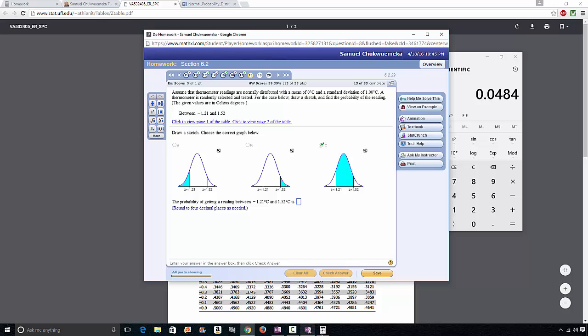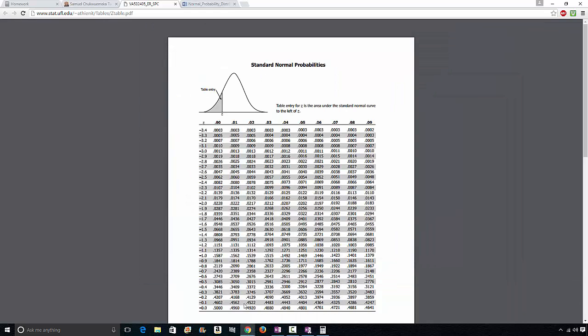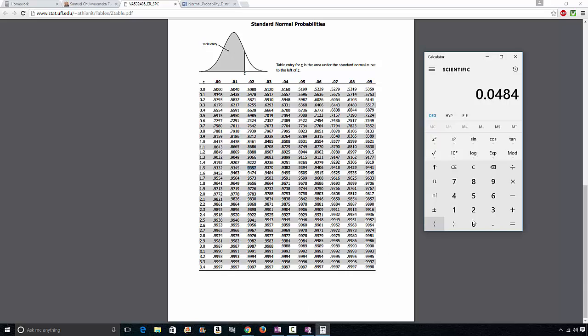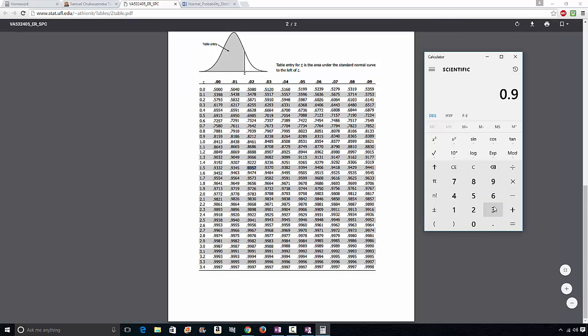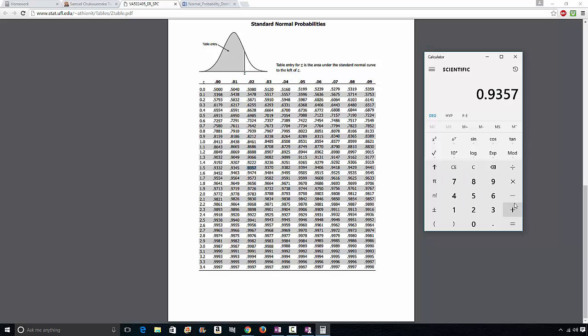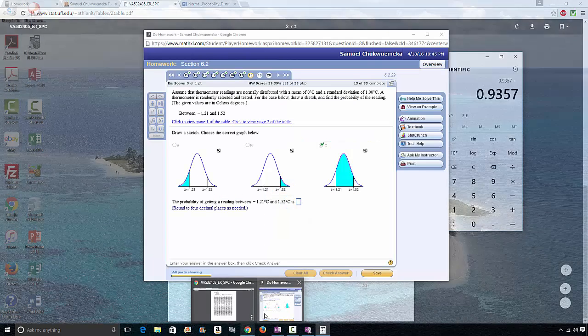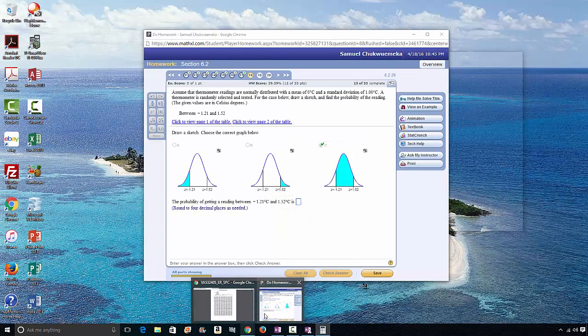So 1.52 is 1.5 under 0.02, and that is 0.9357. 0.9357, okay, minus, then negative, what is that again? Negative 1.21.